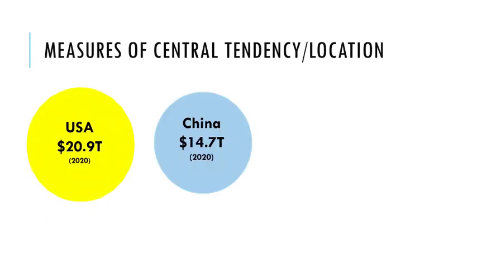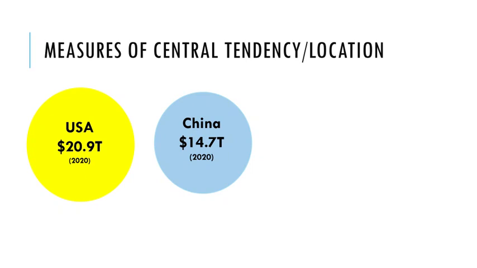So I've pulled some GDP data for two countries, the United States and China, and these are both very, very large economies. When I look at this data, both of these countries look like they're rich, right? They both have really large GDPs, $20 trillion and $14 trillion, making them, I believe, the first and second largest economies in the world.